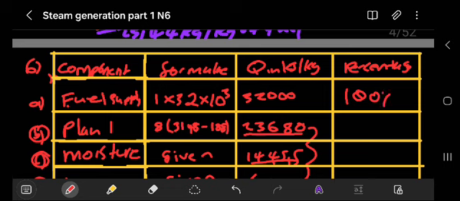Why we'll have 100% is because we're taking the heat, then we divide it by the heat of the supplied value.